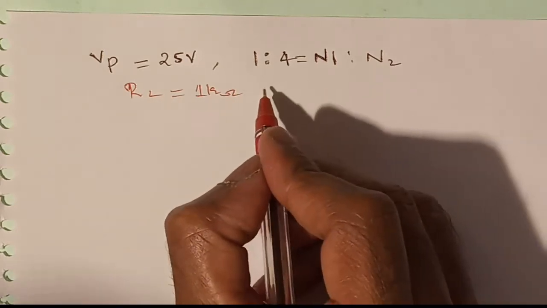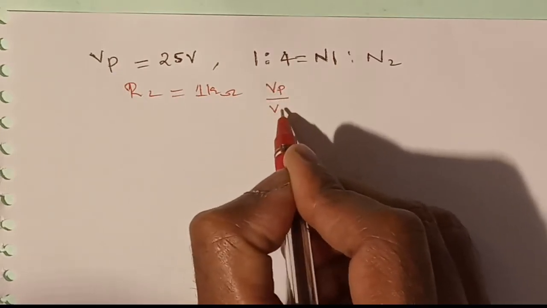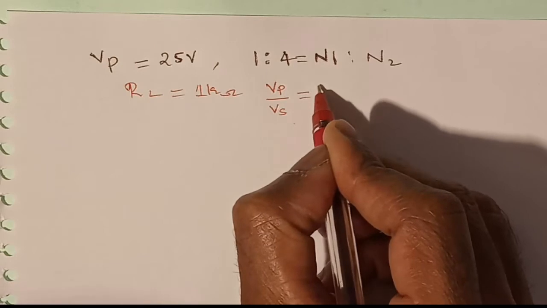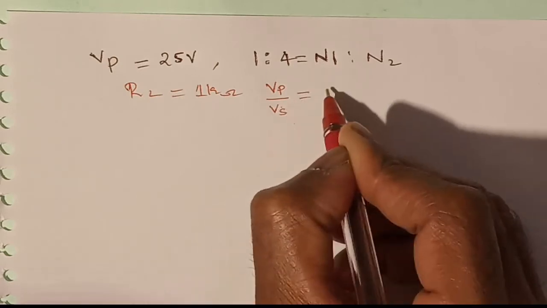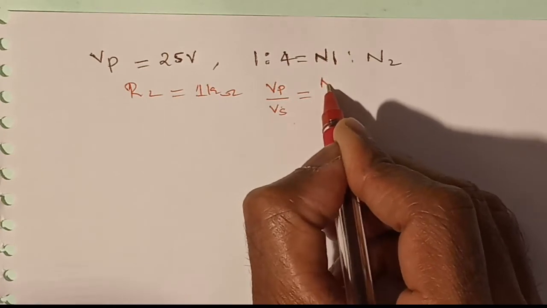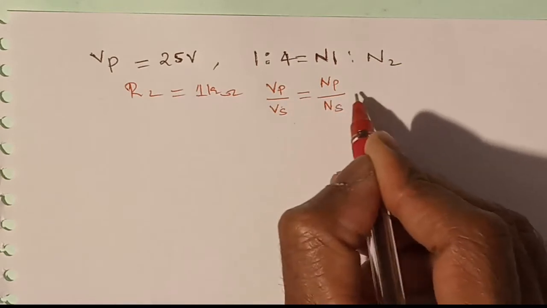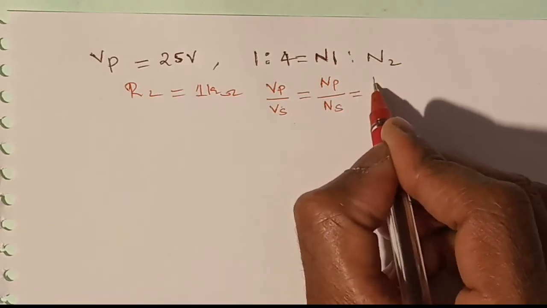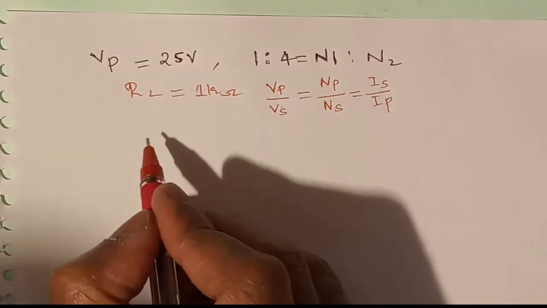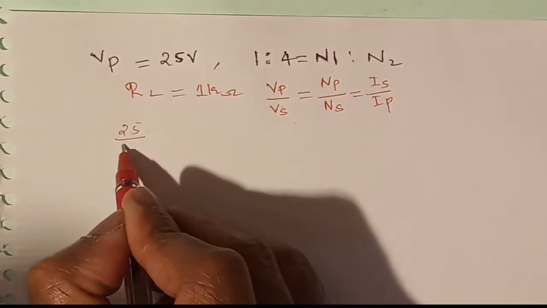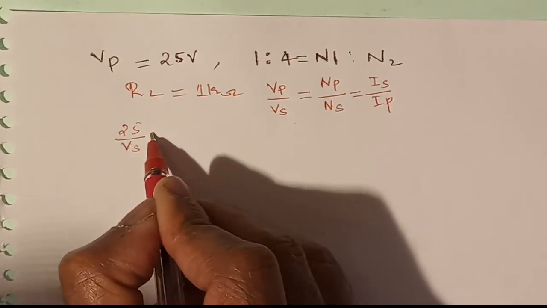Now the transformer equation: V primary divided by V secondary equals number of turns in the primary divided by number of turns in the secondary, equals current in the secondary divided by current in the primary. Now our VP is 25 volt, VS secondary we don't know.